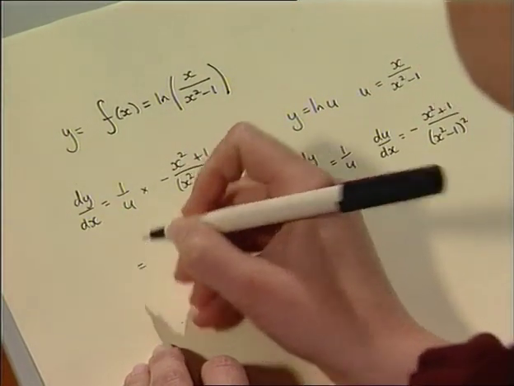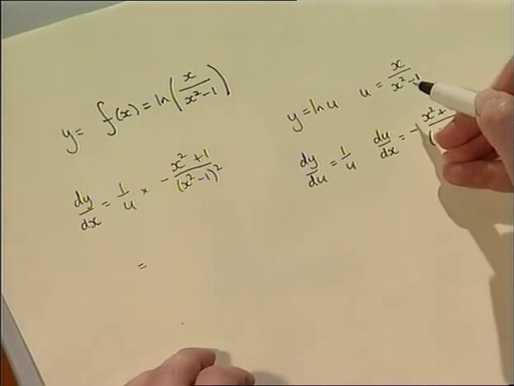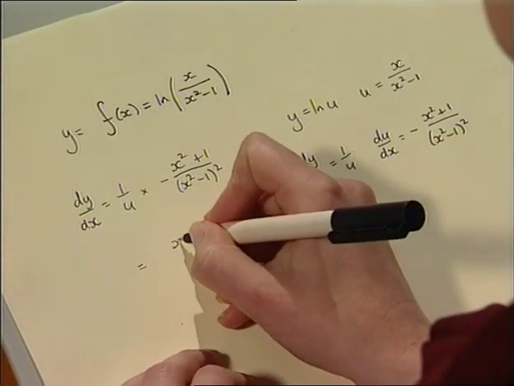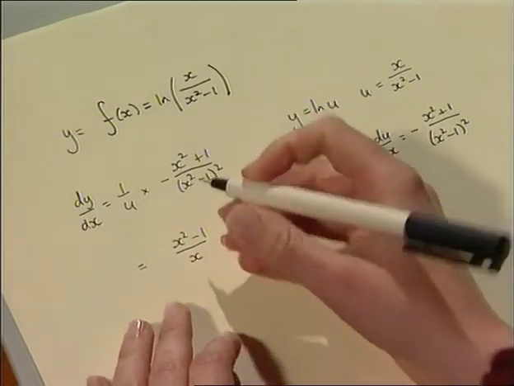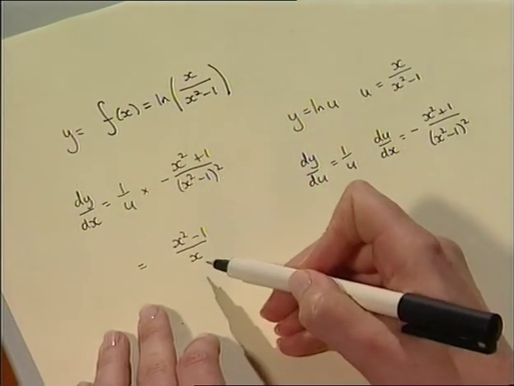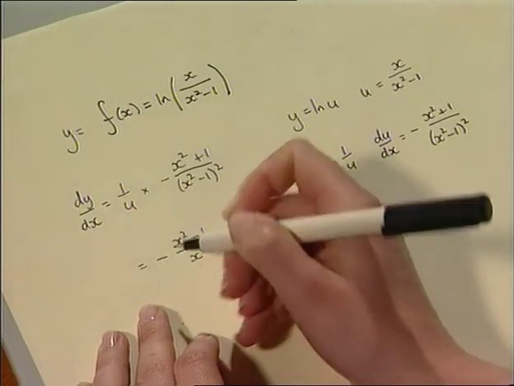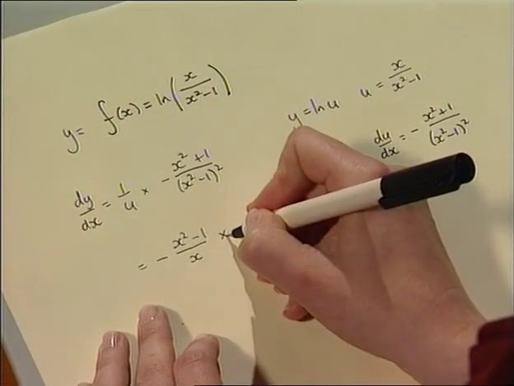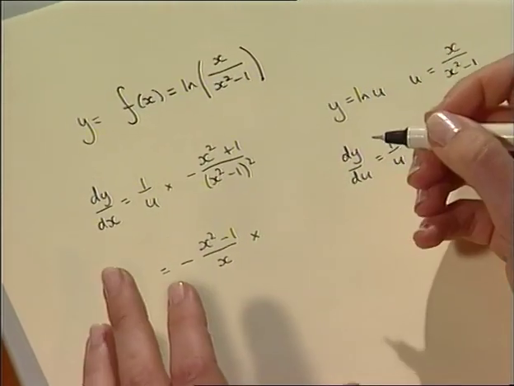So taking the reciprocal of u, which is x over x squared minus 1, that gives me x squared minus 1 over x. And as my 1 over u is multiplied by a negative fraction, this term is going to be negative, so I'll bring that negative to the front. And this is multiplied by my x squared plus 1 over x squared minus 1 all squared term.